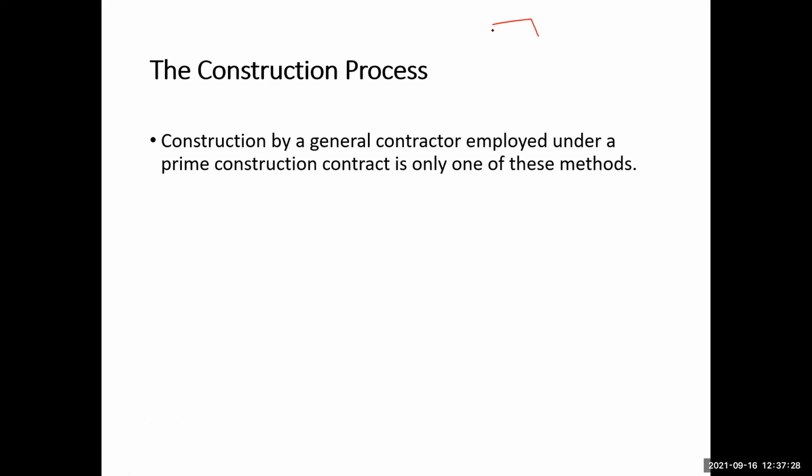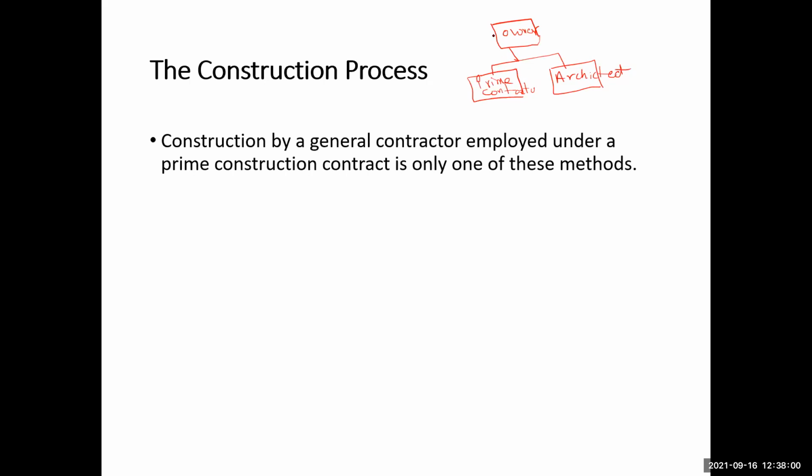For example, if you have an owner, and the owner has a contract with the prime contractor, and the owner may have another contract with the architect or engineer.